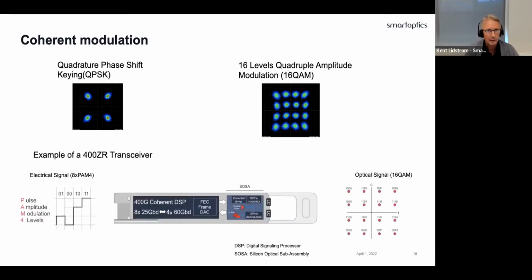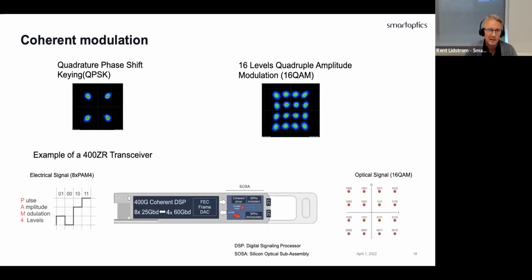Jumping to the next one there, we then have an example of one of those, the 400ZR. That's a standard that we have newly introduced. It was driven by the big hyperscale cloud guys that wanted a common standard, to make this kind of a commodity. So the way it works is that you have 8 electrical signals.